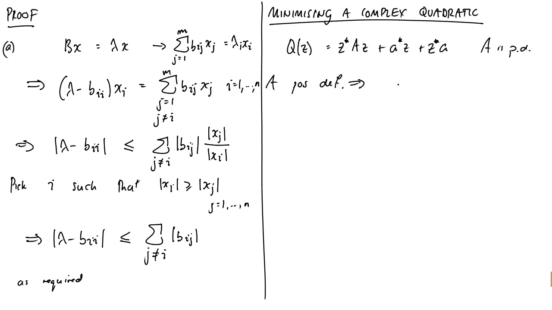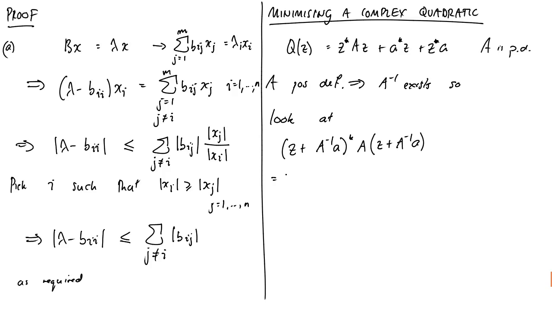this means that A inverse exists. So we can do the following. If we look at this expression here, which is similar but not quite the same, z plus A inverse a, star, A, z plus A inverse a.